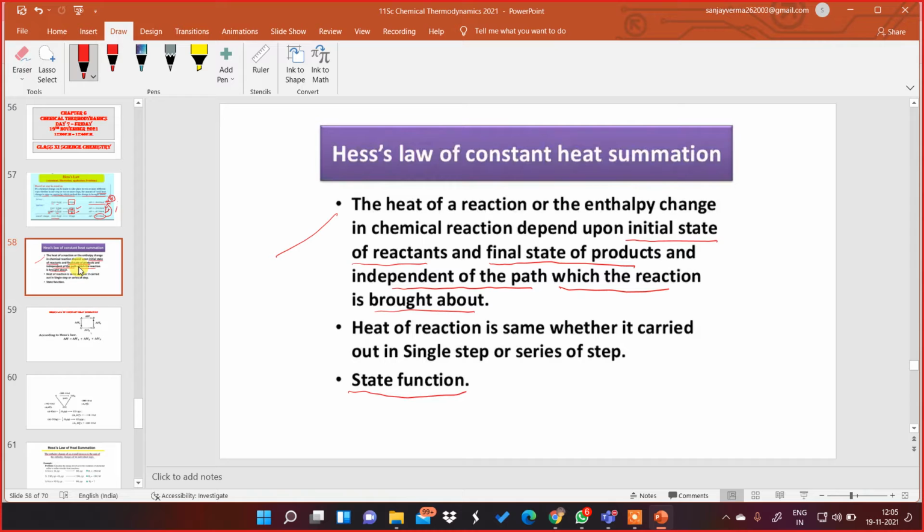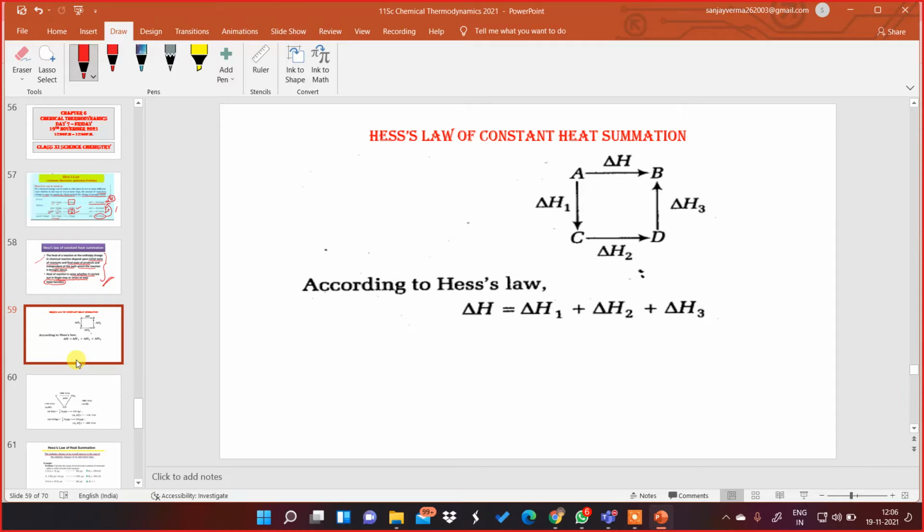Remember, it is a state function. So for Hess's law of constant heat summation, heat of reaction is the same whether it is carried out in a single step or a series of steps. So these are the two important points to remember before we proceed for the calculations involved in this topic of this chapter. Now, let us have a look at one illustration.